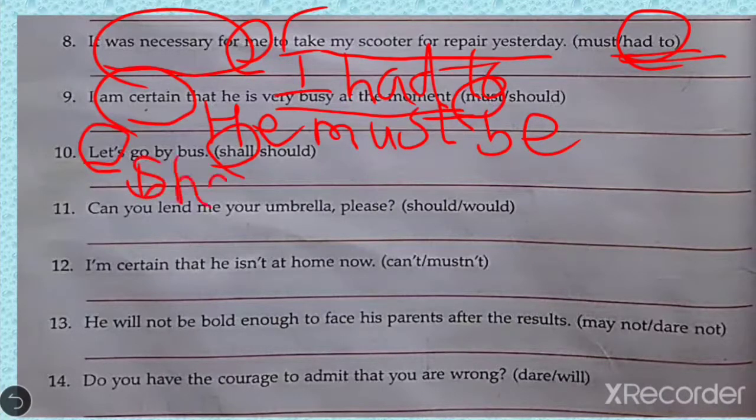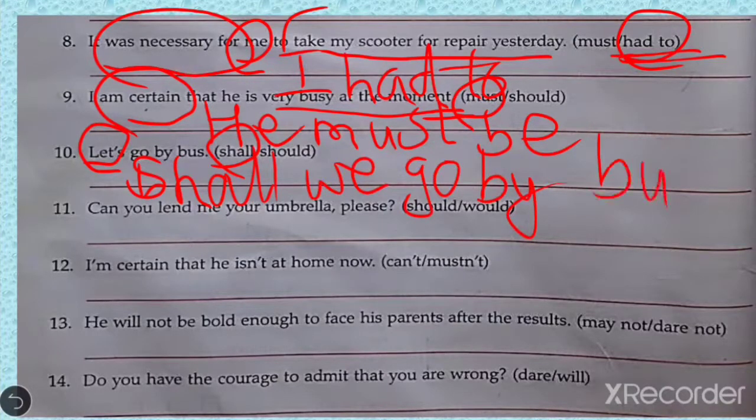Shall we go by bus? And after, put a full stop. Now the next sentence, you have to do it yourself. Can you lend me your umbrella, please? Which is more polite? You have to remember that rule. Is should more polite or would more polite? According to these, you have to use the modal verbs and make a sentence.